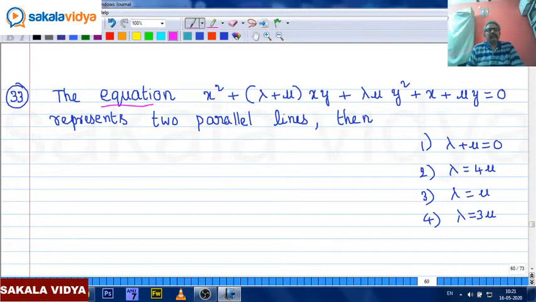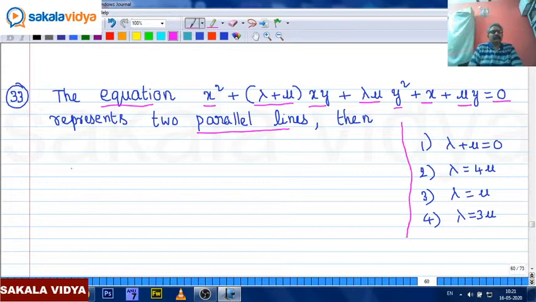The equation x square plus lambda plus mu xy plus lambda mu y square plus x plus mu y equal to 0 represents two parallel lines. Then we need to find out. Solution.